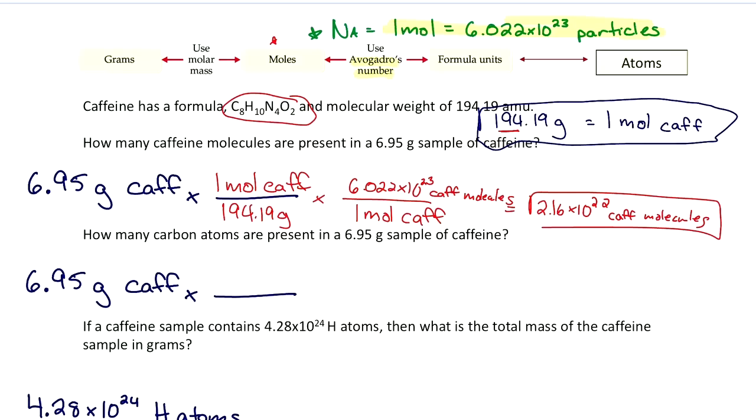So you know how many caffeine particles are in the garage. How many carbon atoms are on each caffeine molecule? 8. How did you get 8? It's in the formula. Yep.